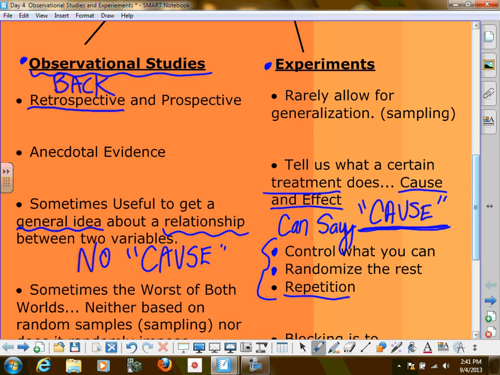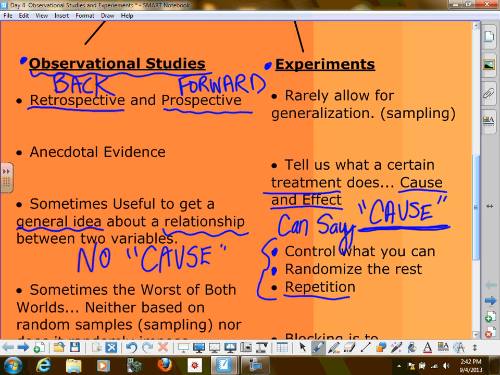Looking forward is called prospective. So going and looking forward, identifying these subjects first and then following them for however long. Sometimes years. Sometimes people identify kindergartners, then identify their economic situation, follow them for their whole entire school career and see if there are trends in those two relationships.